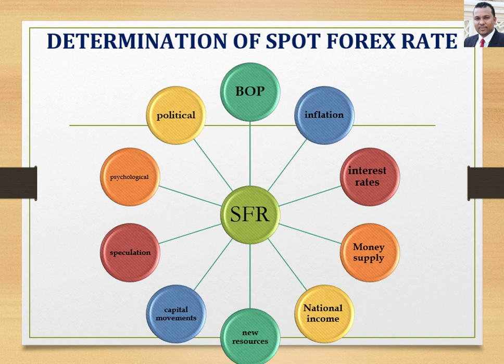National income. National income, this is factor number 5. Any increase in nominal income. There is a difference between nominal income and real income. In the case of nominal, we exclude the effect of price.